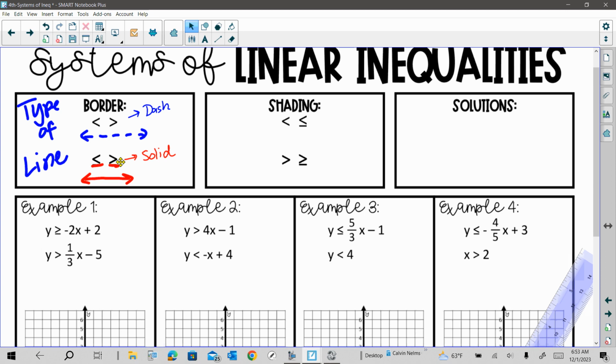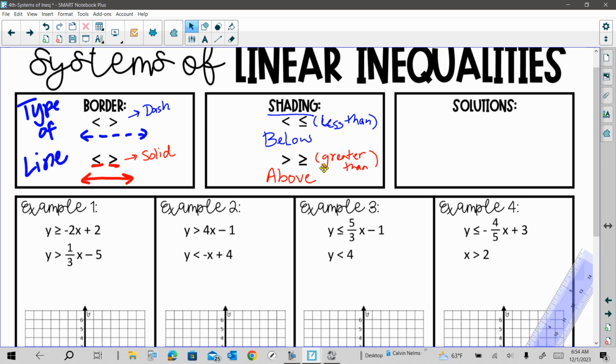Besides the type of line, we have to know how to shade. If I have less than or less than or equal to, we're shading below. So for these two symbols we use below, and for greater than, we're going to shade above.